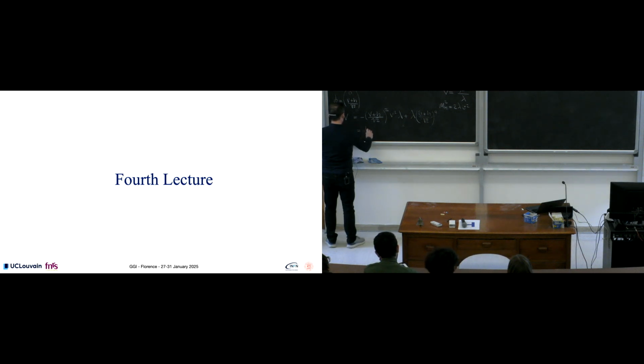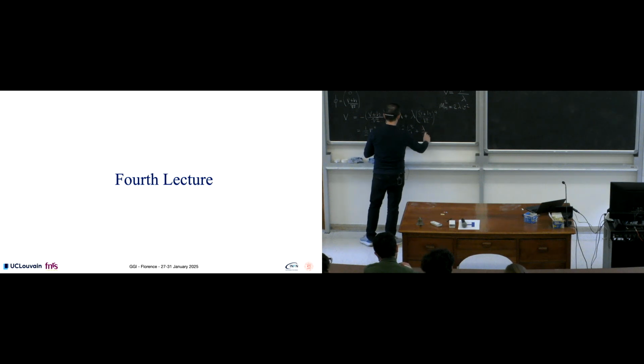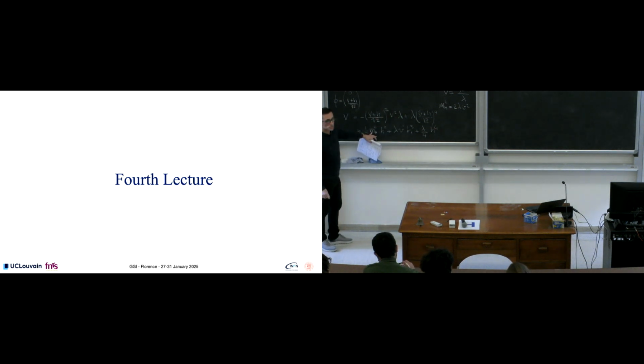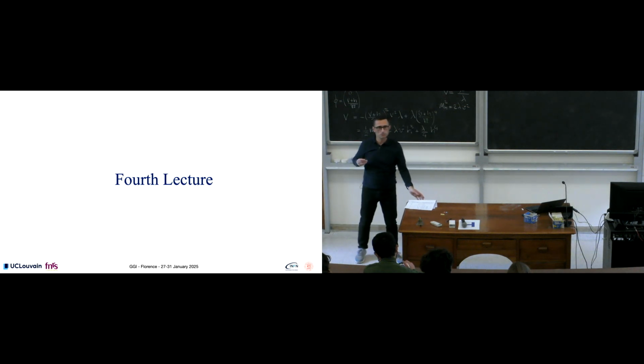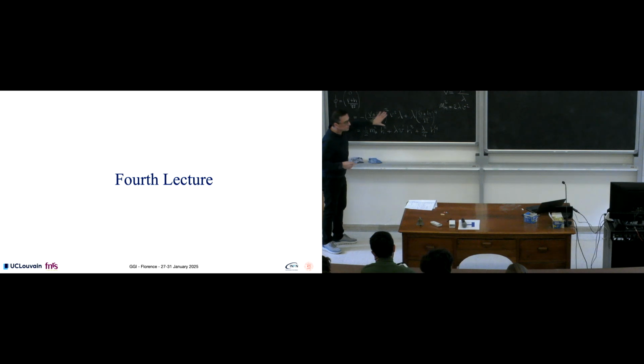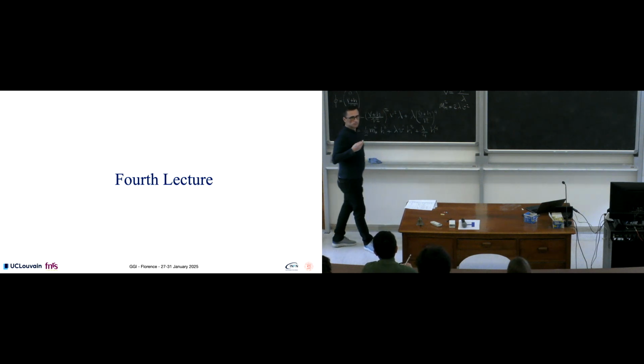So I get 1/2 mass of the X squared plus lambda v X cubed plus lambda over 4 X to the fourth, where m squared is this number here. So I read it off, right? When I develop here, I read off from the Lagrangian what is the mass of the Higgs, and the mass is this one. Okay? I read it from the Lagrangian.